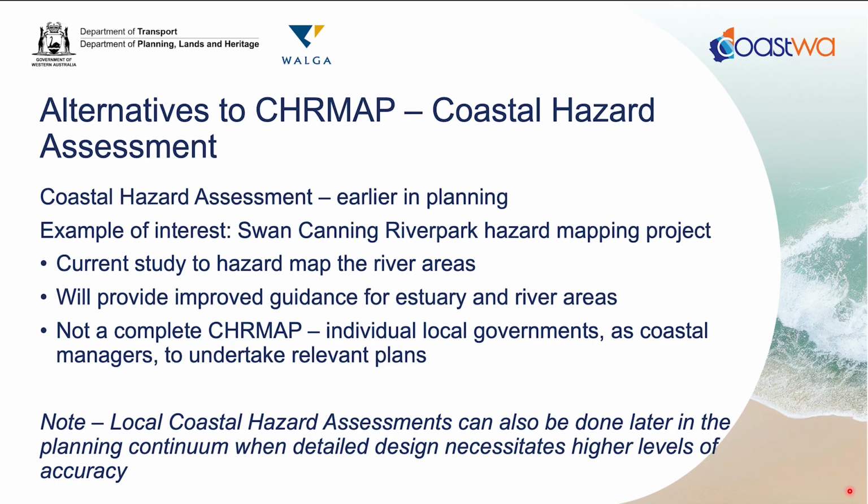Good examples of that are the Ashfield Platts Master Plan, the Windown Guildford Locality Plan, Nedlands Foreshore Management Plan. They're all planning that's being done at the local level that in the future would benefit from this Swan Canning River Park hazard mapping project being undertaken already.